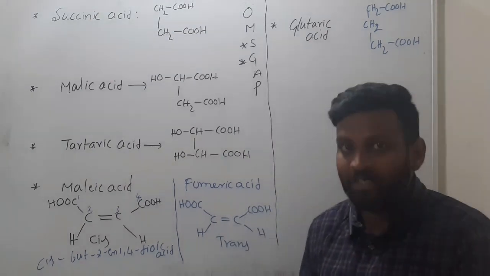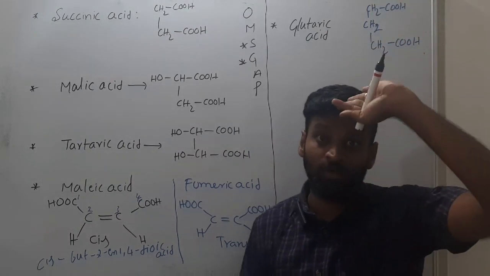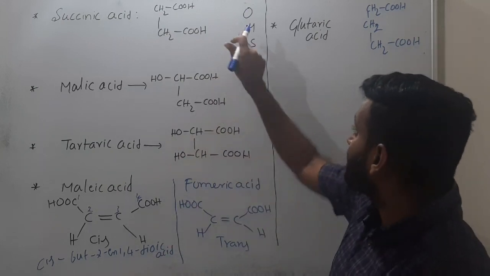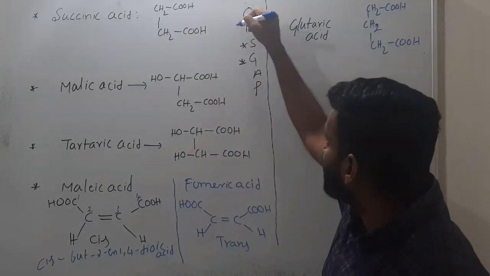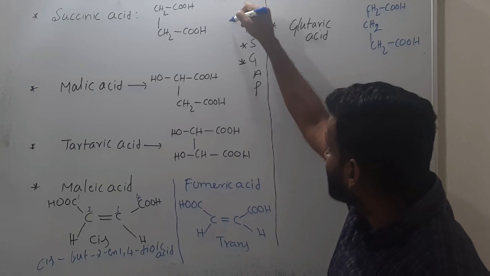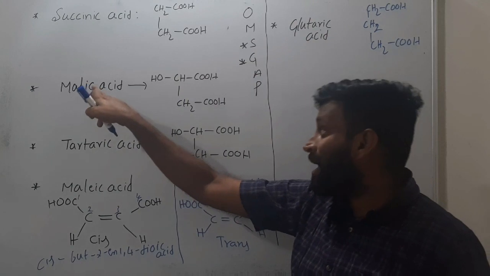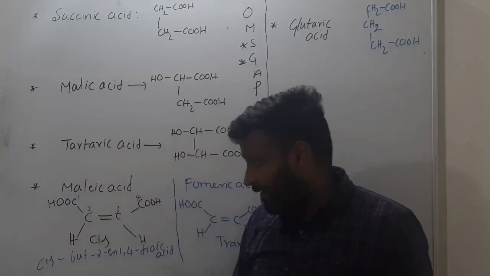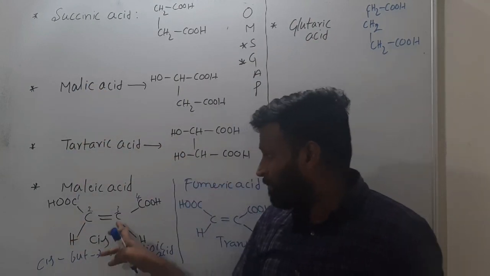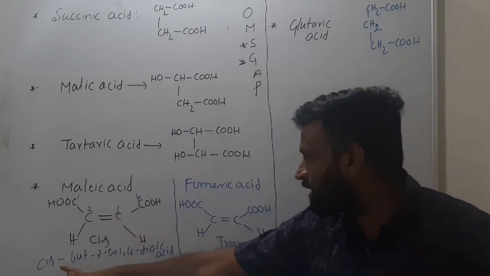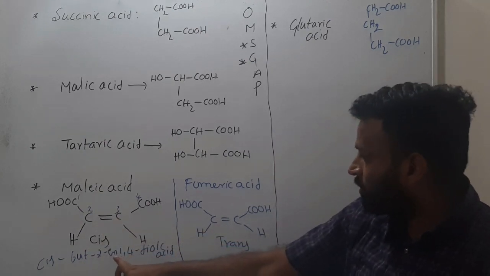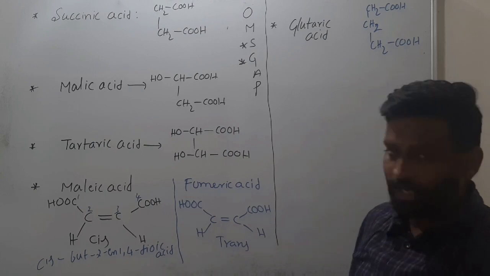Maleic, malonic, difference. Don't get confused. Malonic means this one, COOH, CH2, COOH. That is called malonic, and this is maleic. So maleic is the cis form of but-2-ene-1,4-dioic acid.